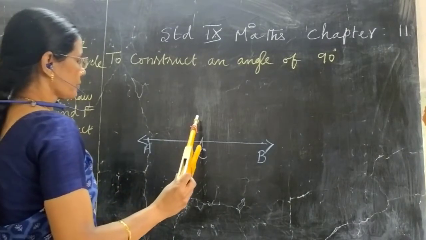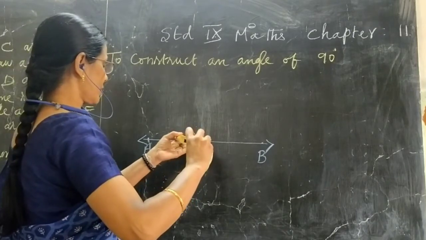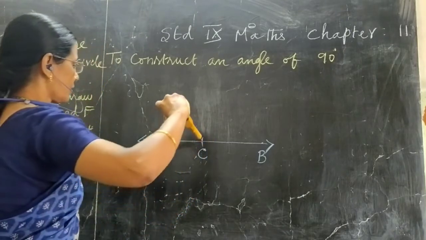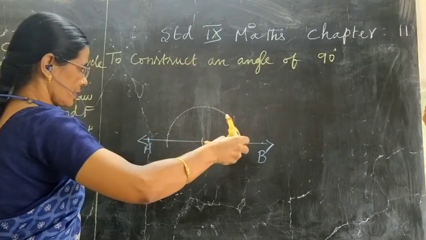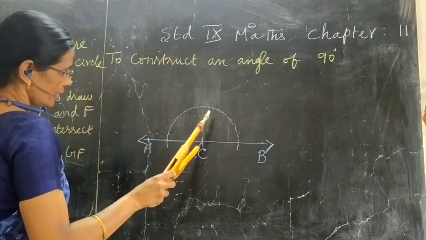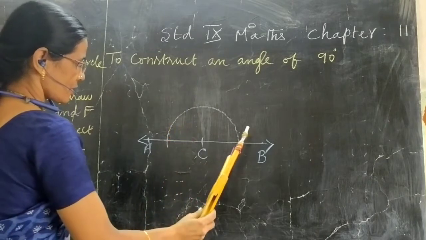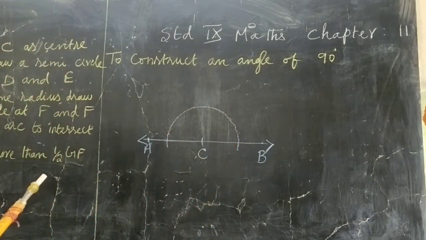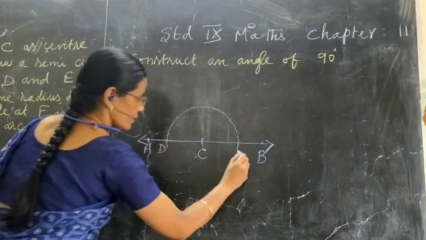With C as center and any convenient radius, draw an arc. You can see the semicircle intersects the line at 2 points. Let us name the points as D and E.